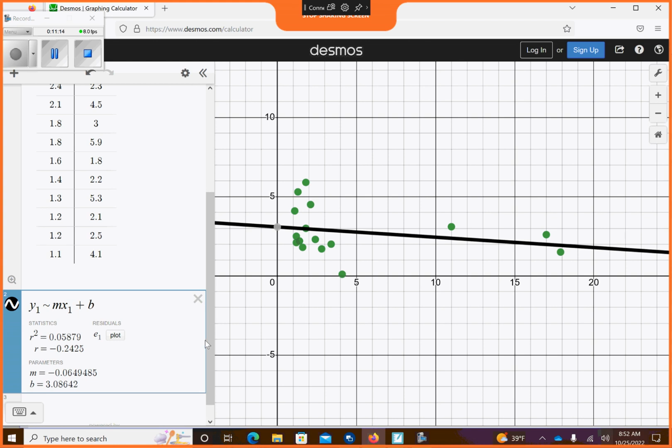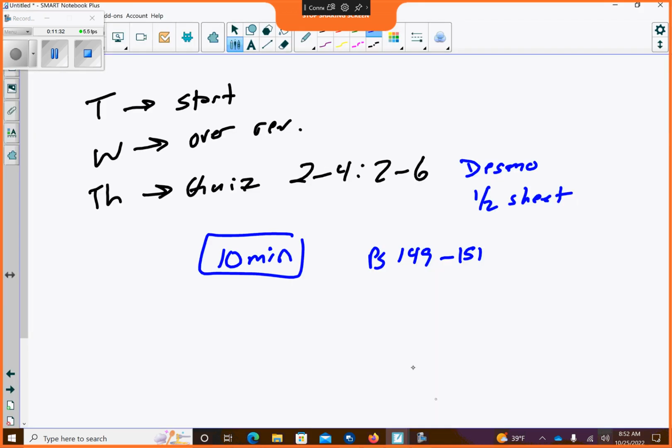Find our regression equation. Our regression equation is going to be y equals negative 0.06x plus 3.08. Okay, and also remember on these, let's go back to the smartboard. On our equation, you might see it like this.